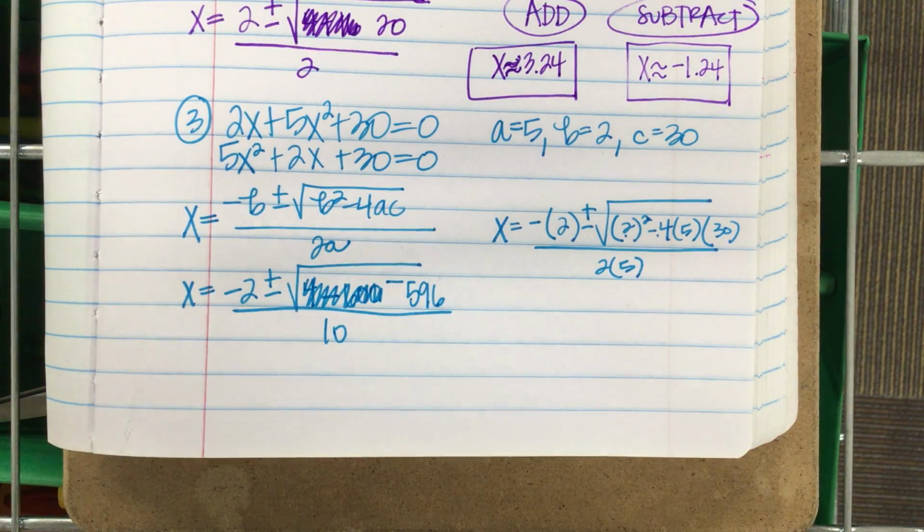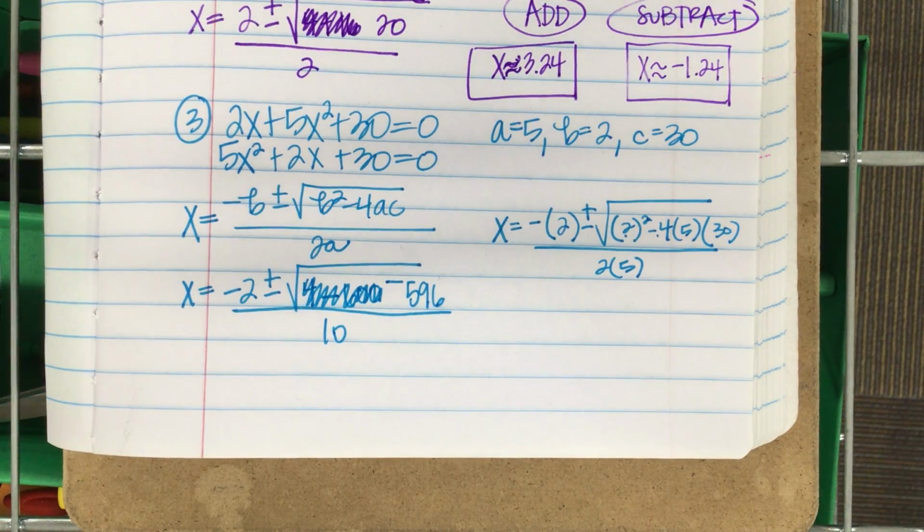All right. The first time you do this, you're going to add: negative 2 plus the square root of negative 596, divided by 10.